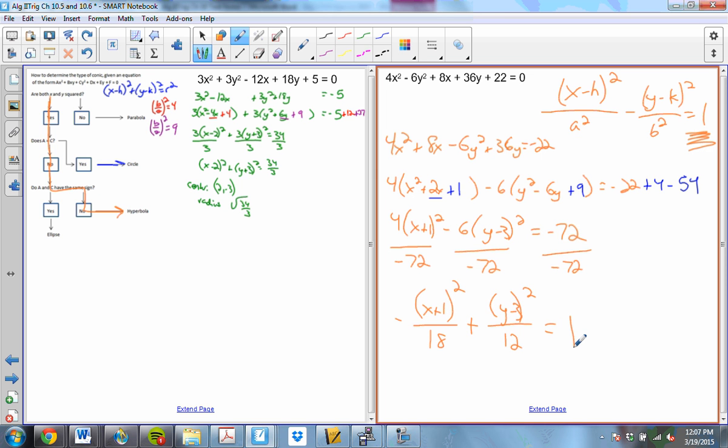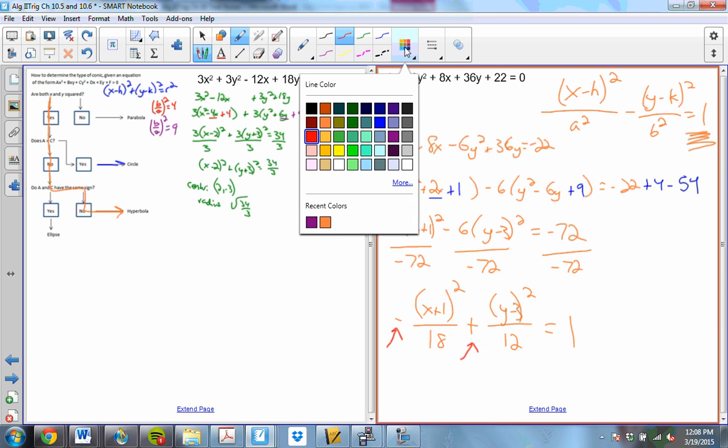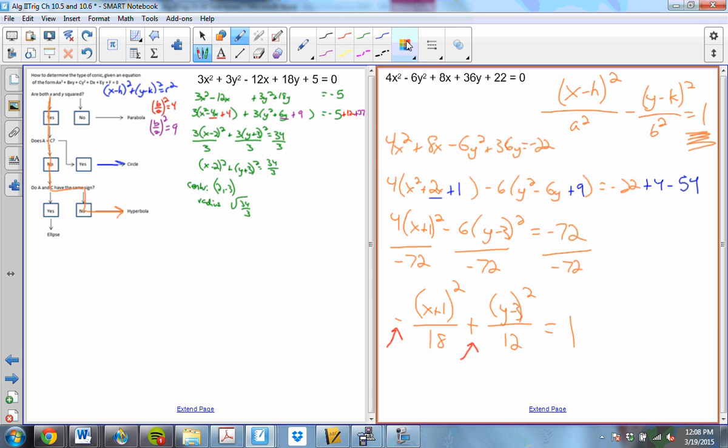Now you'll notice the negative is here and the positive is here. So I'm going to switch the order these things come in. I get y minus 3 squared over 12 minus x plus 1 squared over 18. And this equals 1.